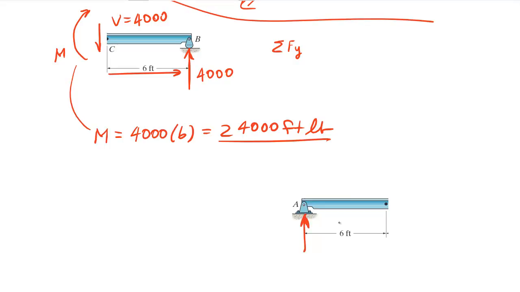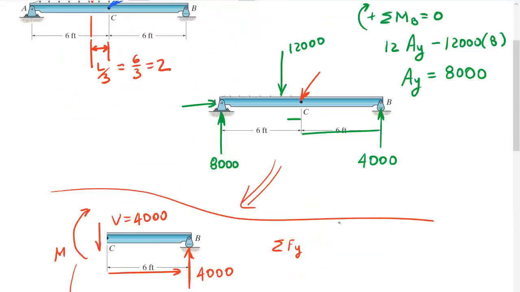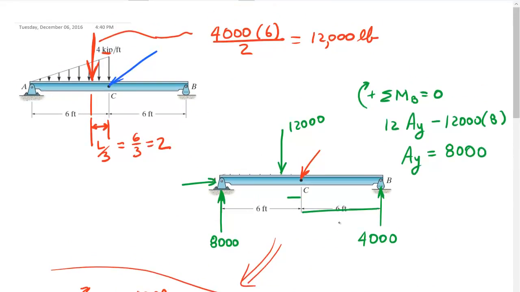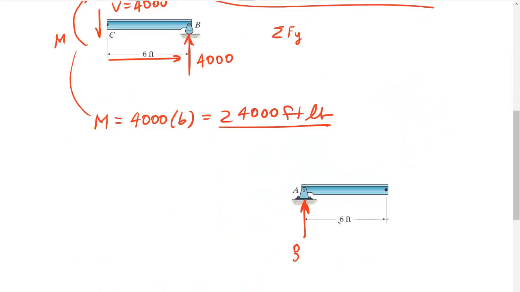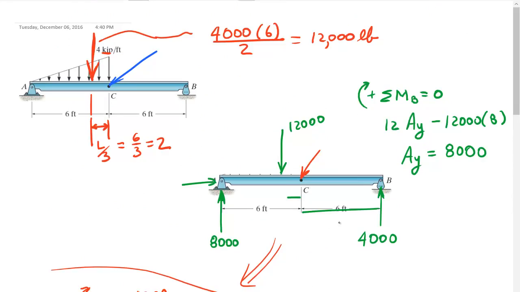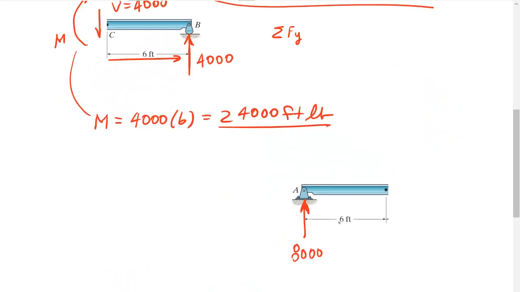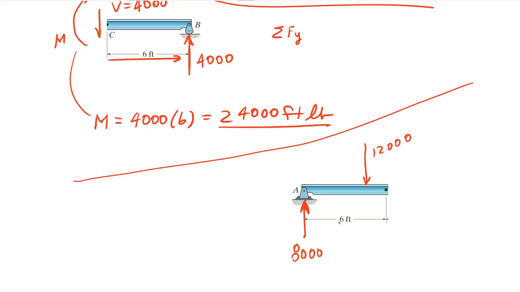First of all, this load, if you look back up here, was 8,000, and the load here was 12,000, and it was 2 foot over.